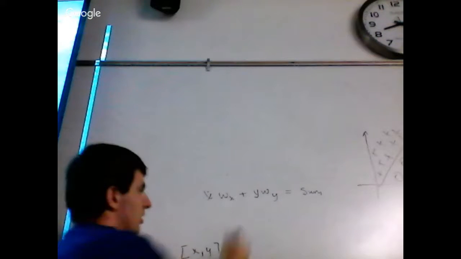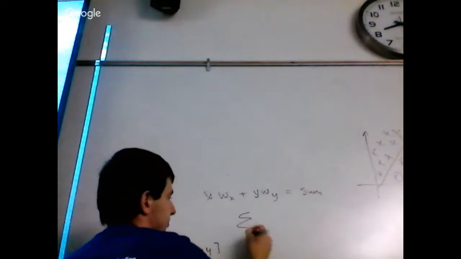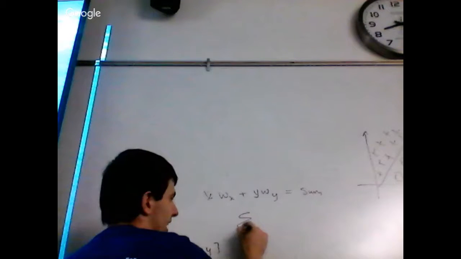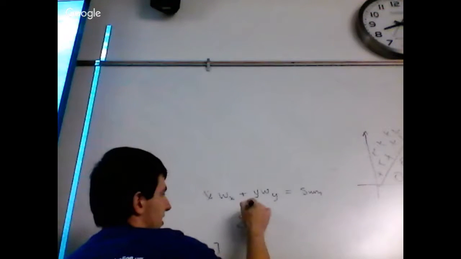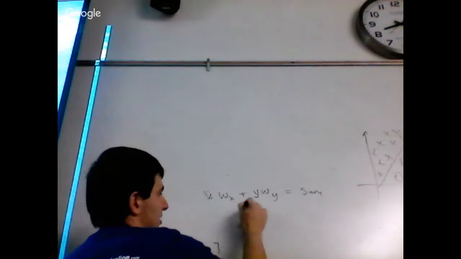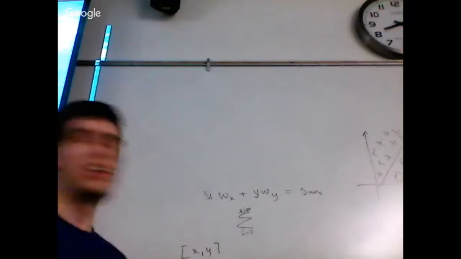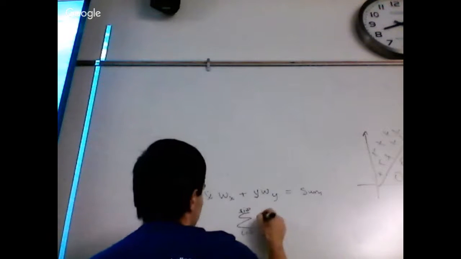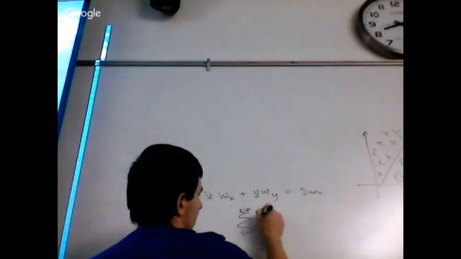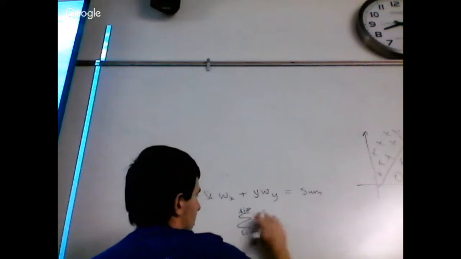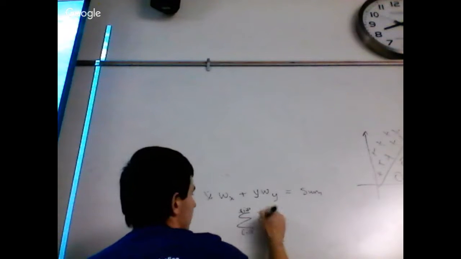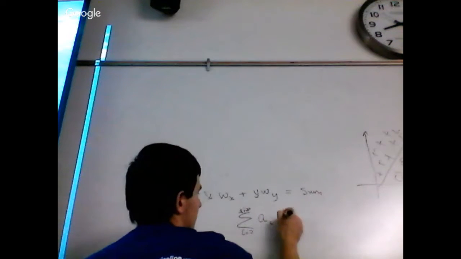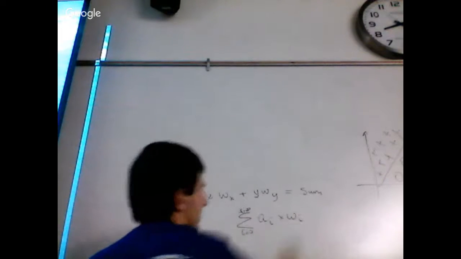Another way of writing this is i equals 0 up to the size of the input array, and then you do a_i times weight_i.